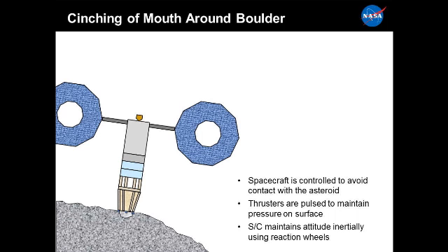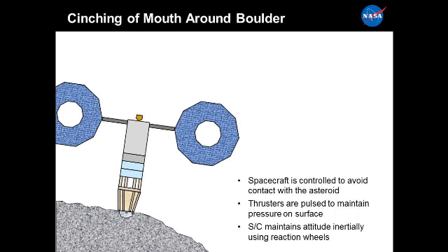Another assumption we've made here is that the rock is not really fully on the surface. It's partially embedded. So we've assumed we only grab part of the rock, maybe most of it, but the assumption is that we cinch around it, we grab it, and we hold onto the rock with the force that we're able to with the cinch system. Now if that rock breaks apart at that point, that's okay. But if it doesn't, if we have to pull it off, we move on to the next step.